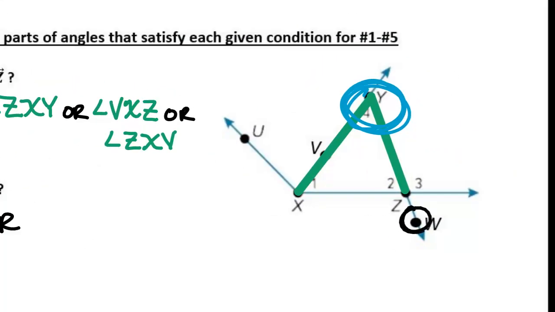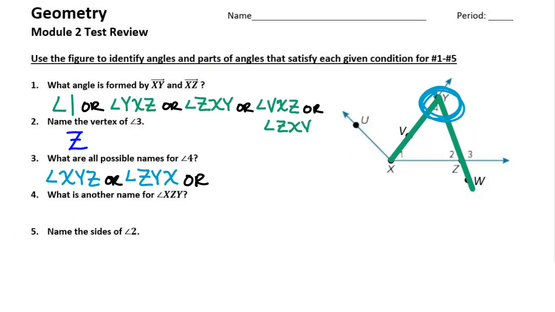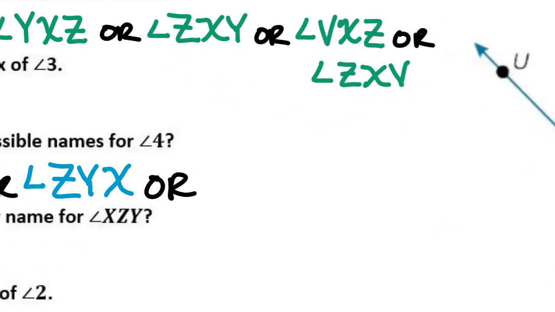We can do WYX because W is on the same ray as point Z, so WYX would be a possible name here. If I can call it WYX, what else could I call it? XYW.